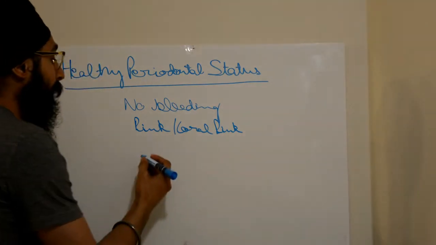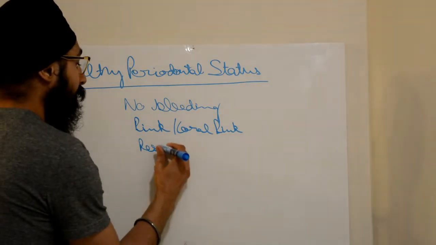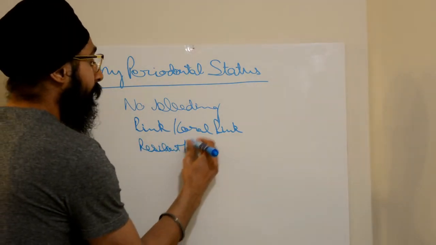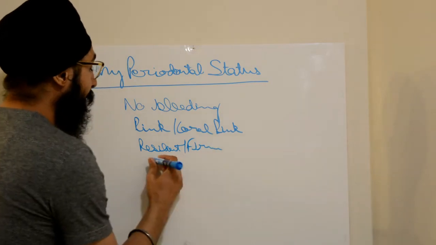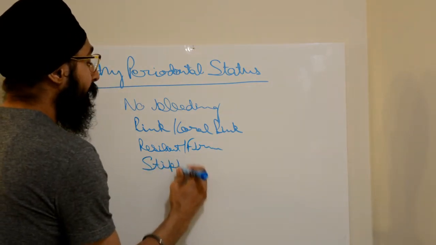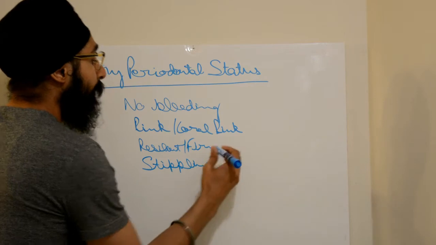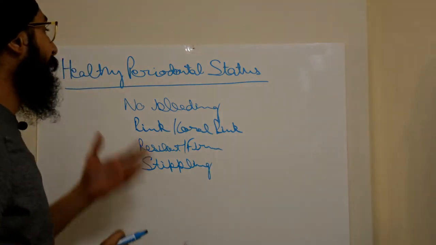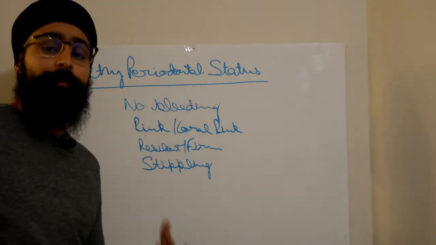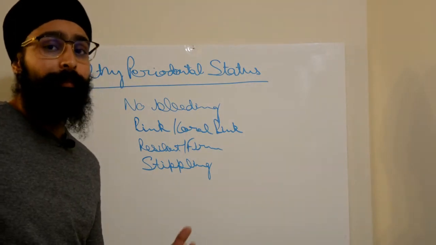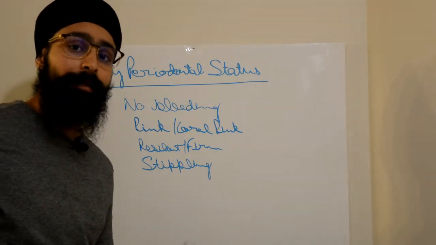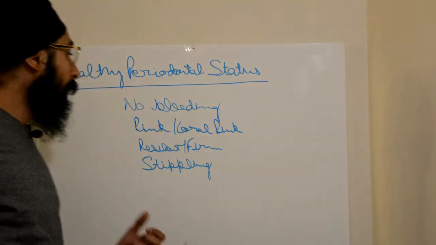The consistency will be resilient and firm. Stippling may be present, but stippling might not be present even in healthy periodontal status. So the absence of stippling does not mean that the patient is having some kind of gingival disease.